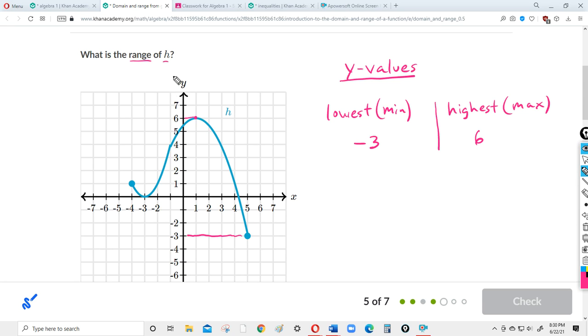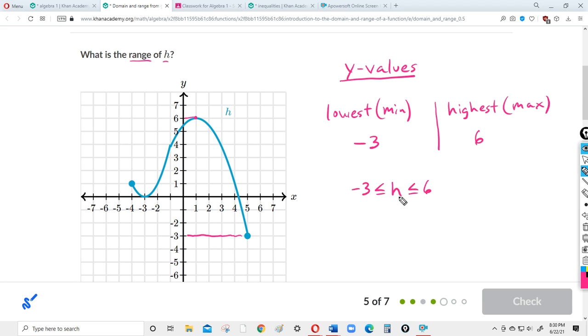Okay, so the range for the y values, and for this graph they called it h. So the range for h is going to be less than or equal to 6 and greater than or equal to -3.